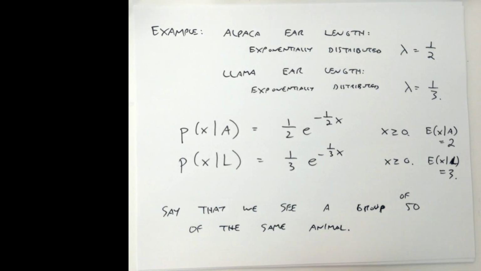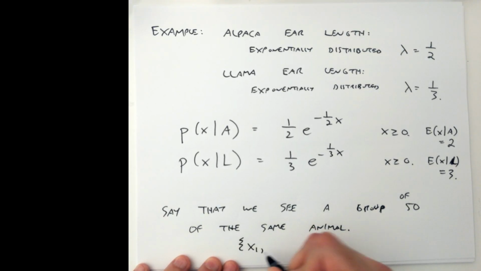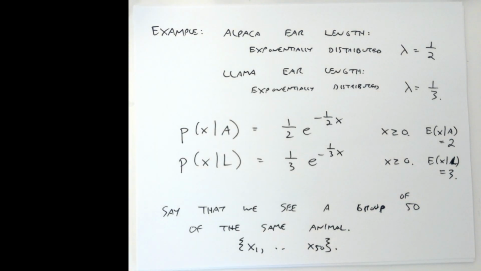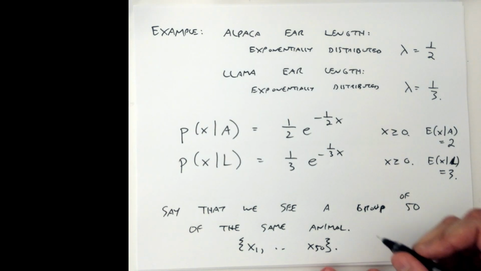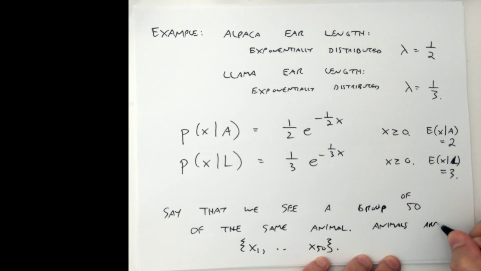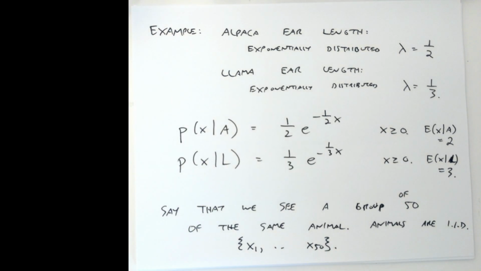Okay, so I have basically a set of measurements, x1 through x50. And let's assume that the animals are IID, meaning that all the animals in the pen are the same type of animal, but they are totally independent from each other, right? So if I pick two at random, they have no correlation between them, right?